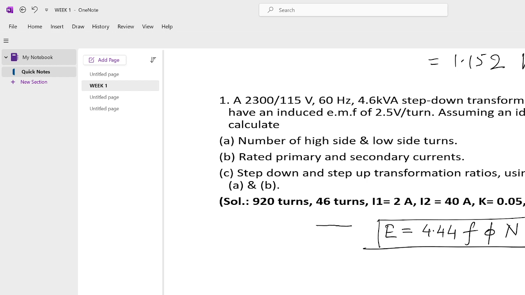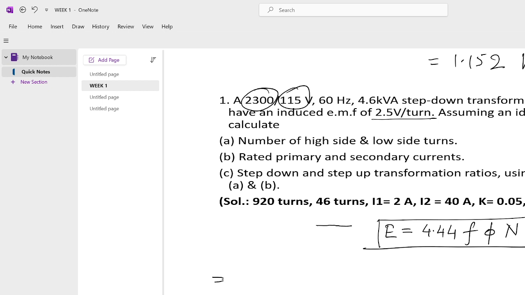Okay, so in the question it is given that a 2300 by 115 volt, 60 hertz, 4.6 kVA step down transformer is designed to have induced EMF of 2.5 volt per turn. Since we have to calculate the number of high side and low side turns, this is the high side and this is the low side.